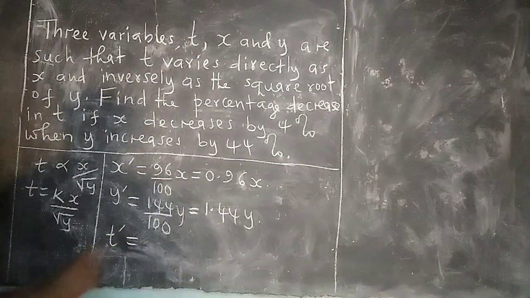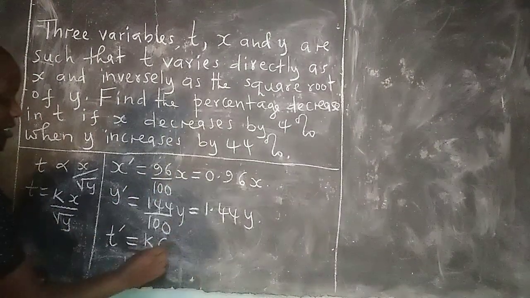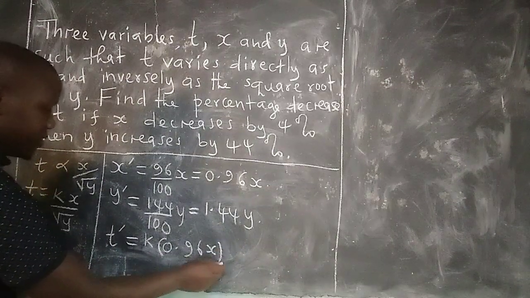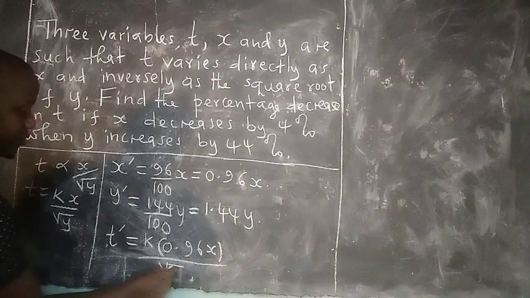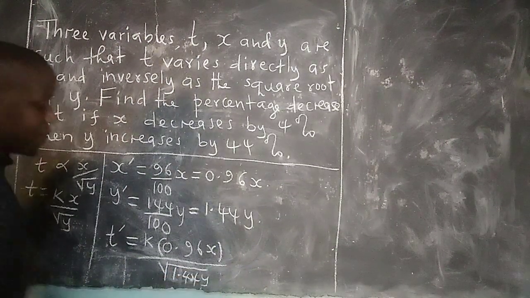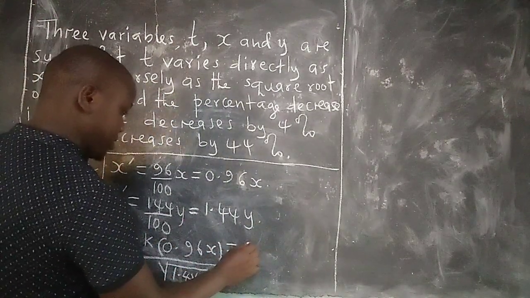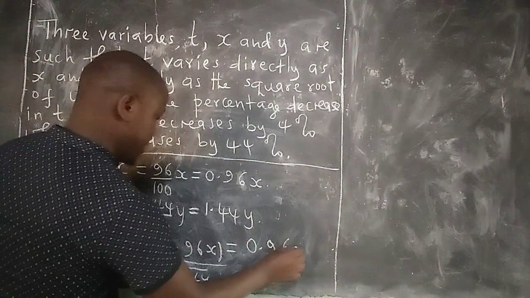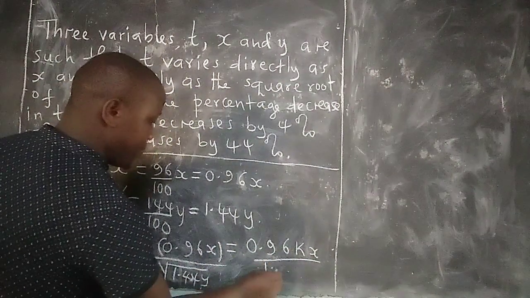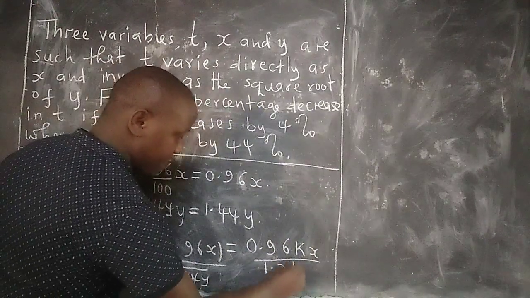Because t is changing, we can say the new t will be k multiplied by the new x, 0.96x, then we divide by the square root of 1.44y, such that now the new t becomes 0.96kx out of 1.2 times the square root of y, because the square root of 1.44 is 1.2, but the square root of y is not known. Therefore, y remains under the root sign.